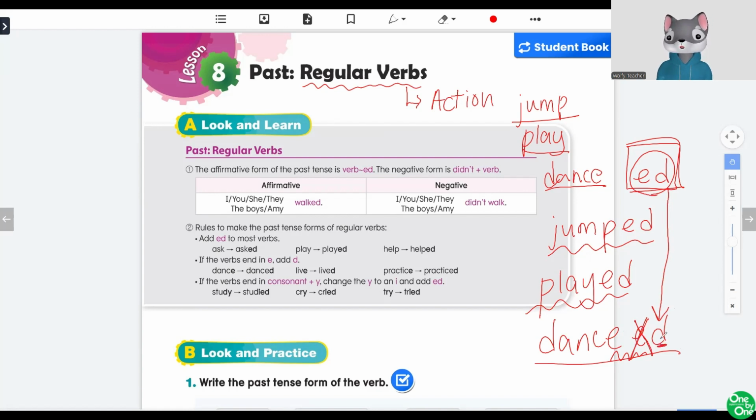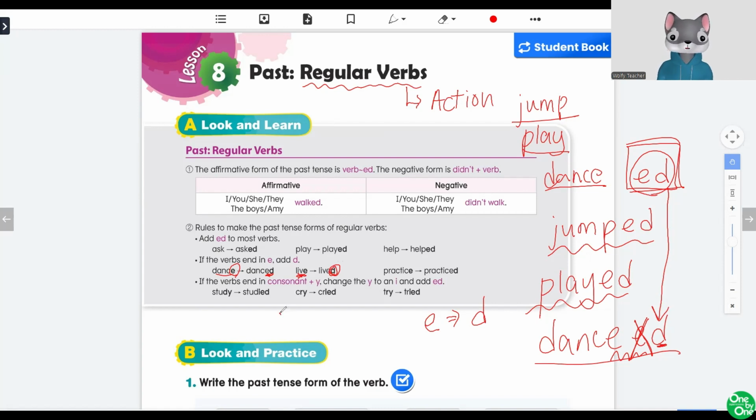So every single action word that ends with an e needs only d at the end. So for example, the word dance has an e at the end, so it's of course going to end with just d. Live is the same thing. If I want to say the past tense of live, then at the end of the word live, we only need to add a d because the word ends with an e.